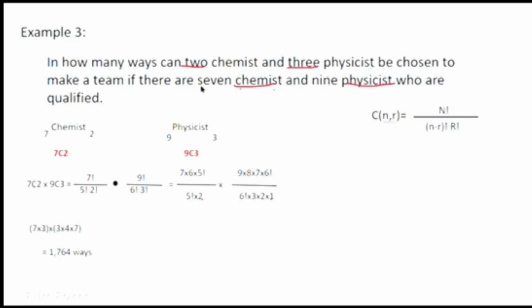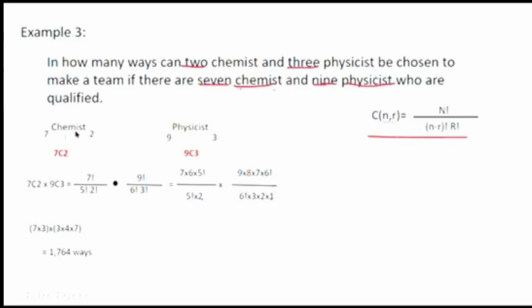Pero sa chemist, 7 yung qualified, sa physicist naman, 9 yung qualified. So, ilan nga ba yung mga pipili natin sa kanila? So, for our formula sa problem na ito ay combination n, r is equal to n factorial over n minus r factorial times r factorial.